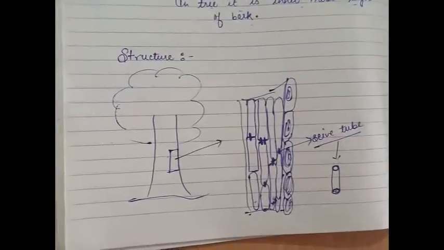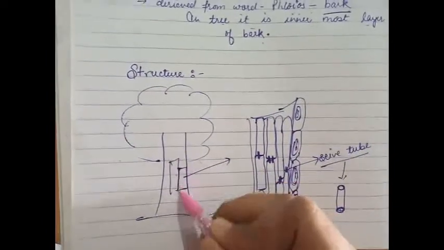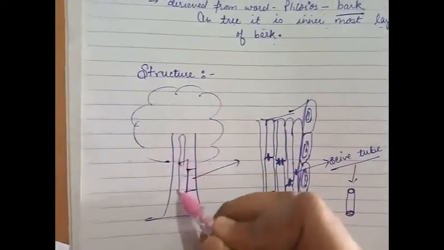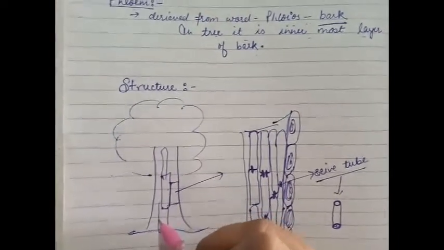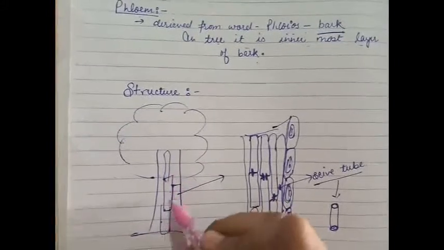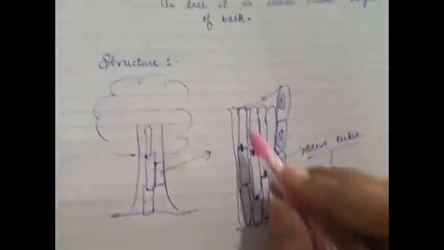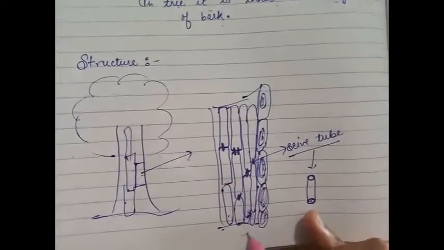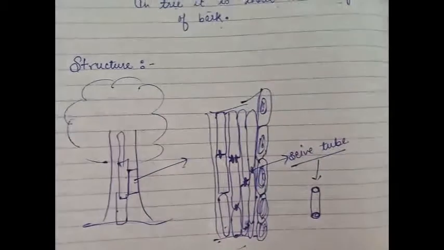Here is a tree, and in this central portion of the tree we have phloem. You have to be aware of this position, and when we see this in detail in its sectional cut, then we will recognize the structure of the phloem.